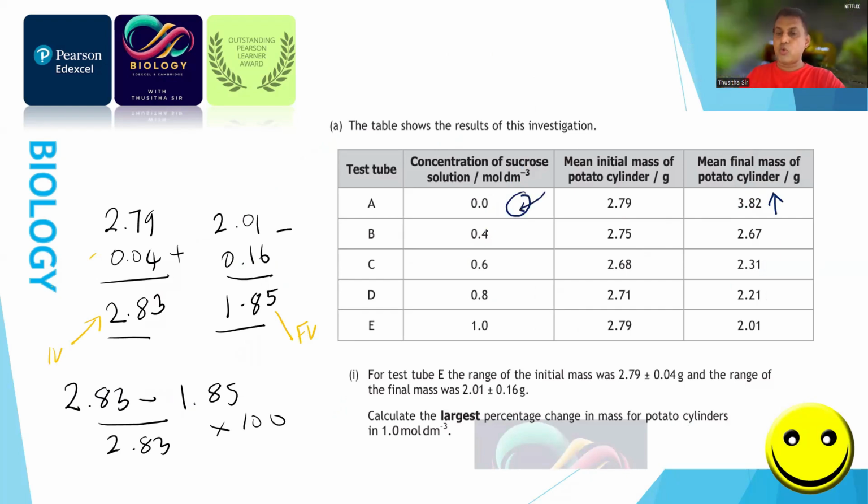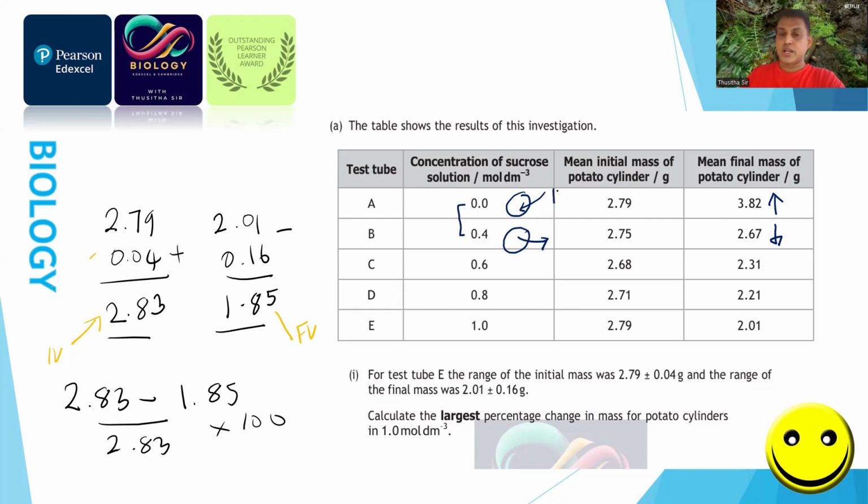And at 0.4, what happened? Mass decreased slightly. So then again we take this one, so water is going out. So in between this 0 and 0.4, there is a value. So it should be isotonic.